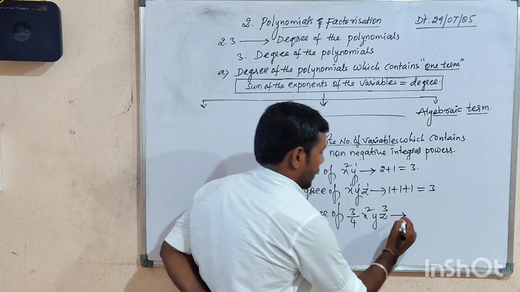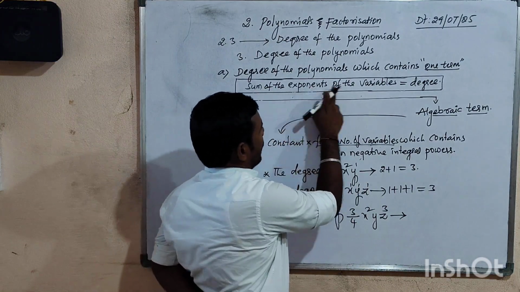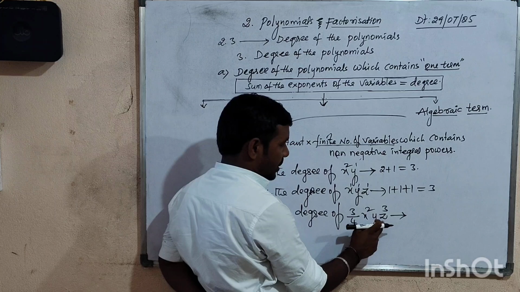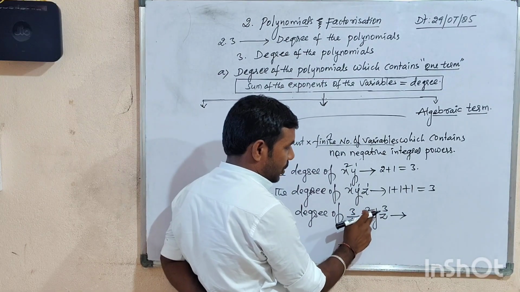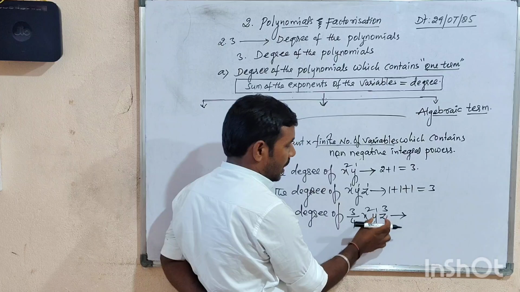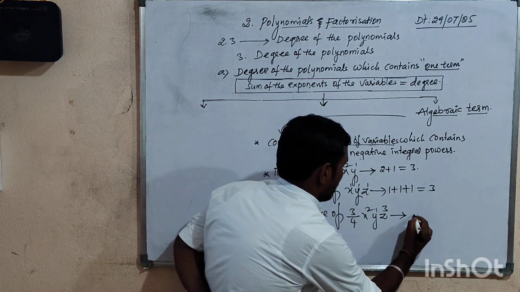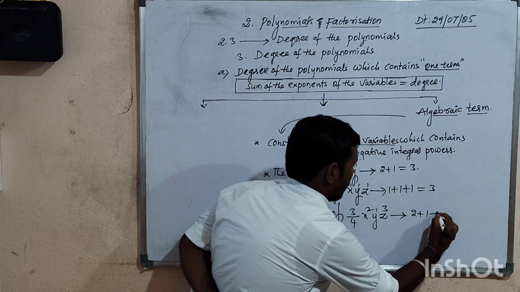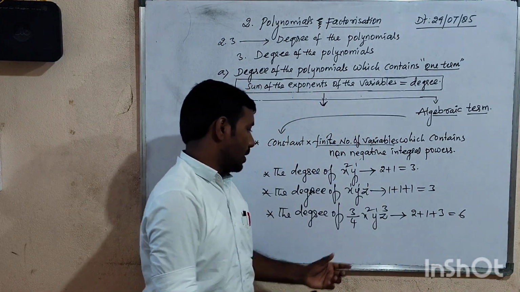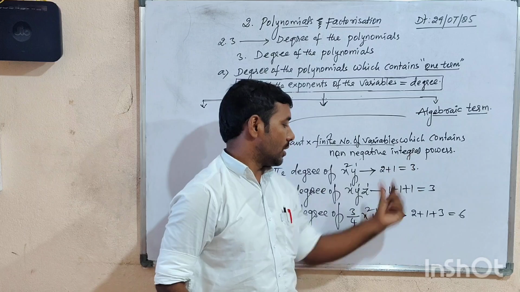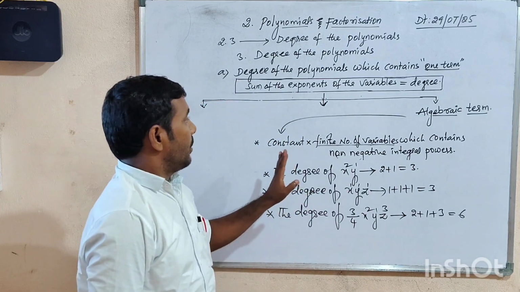The answer is, according to this statement, the sum of the exponents of the variables x, y, z: x exponent 2 there, y exponent 1 there, z exponent 3 there. According to this, the sum of the exponents, nothing but degree, is equal to 2 plus 1 plus 3. The answer is 6. This 6 is called the degree of this algebraic term. I think okay, beta?